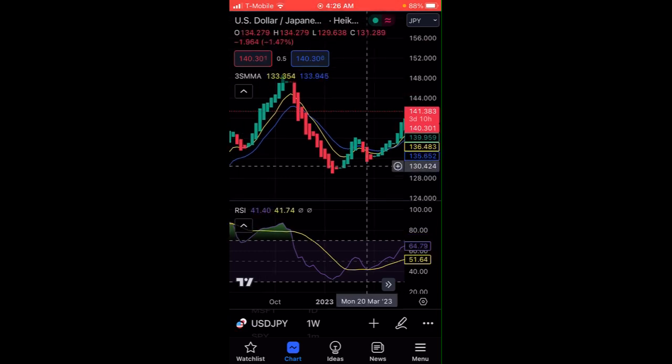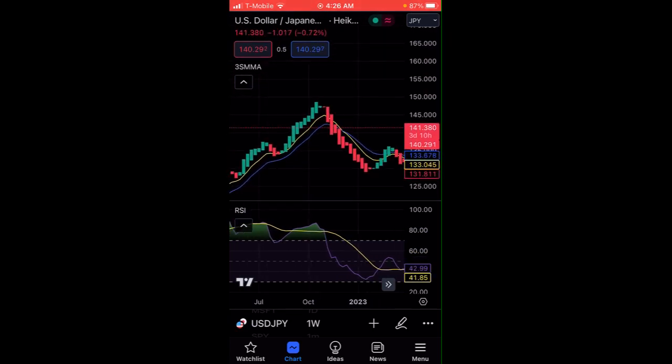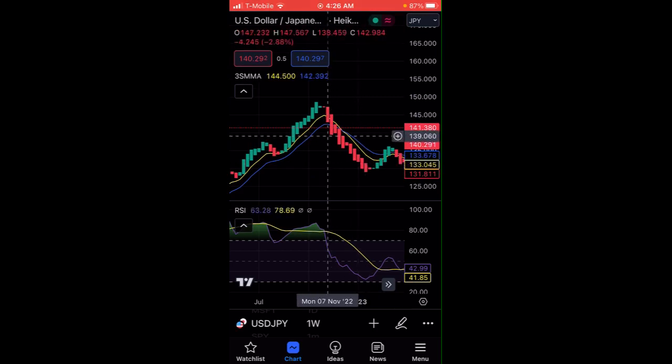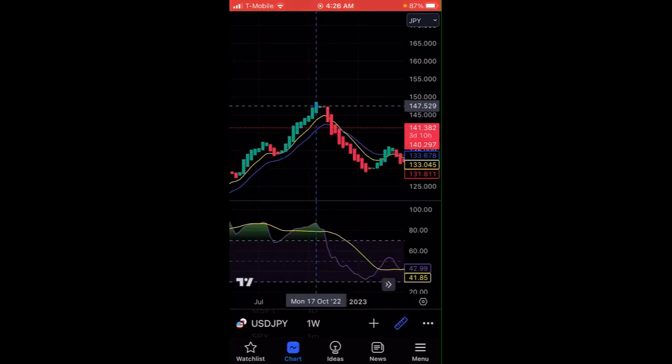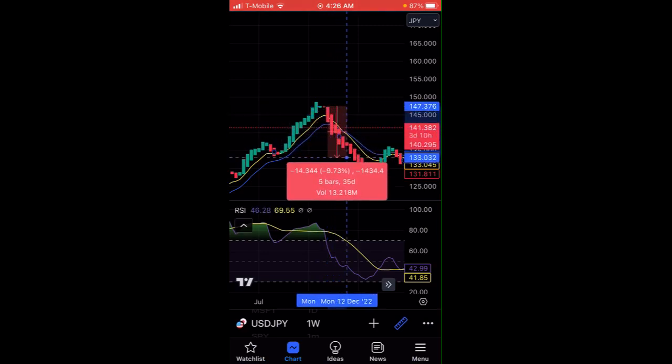But let's look at all the other moments that it crossed. We'll do this a couple times, and we'll look at a couple other scenarios with some other Forex. So you see it crossing down right here. So you come in here and you did a sell. And you just rode this out till down here.